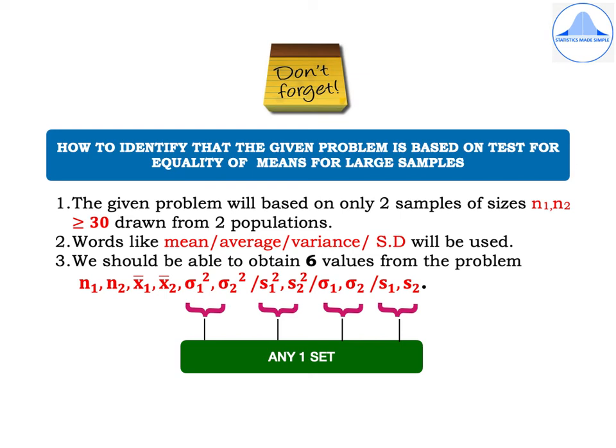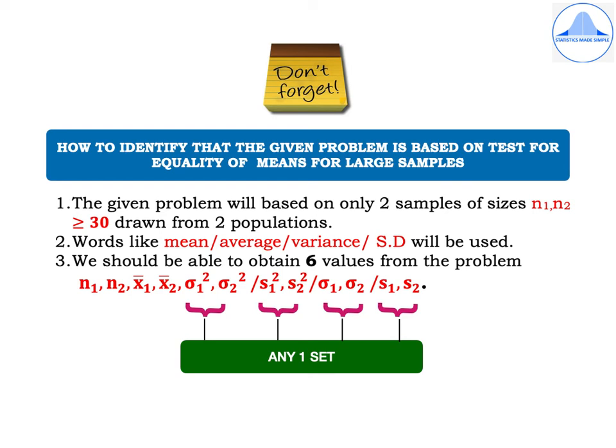Second, words like mean, average, variance, standard deviation will be used in the problem. Third, we should be able to get 6 values from the given problem. So what are the 6 values?